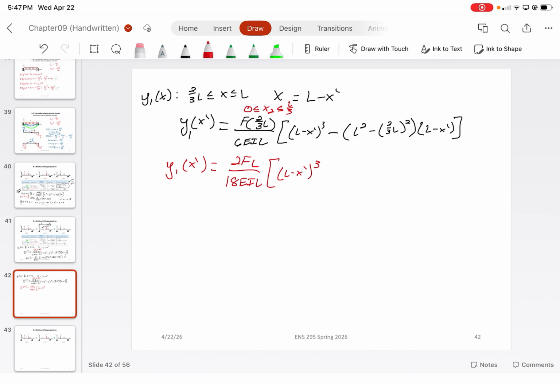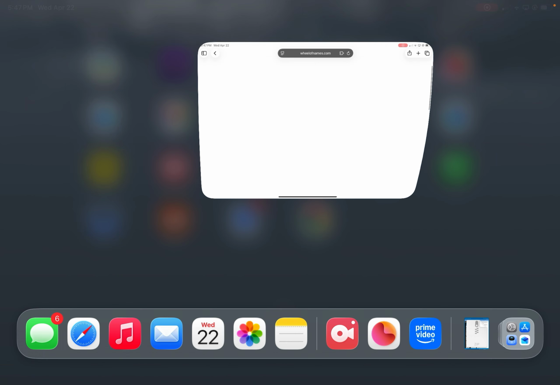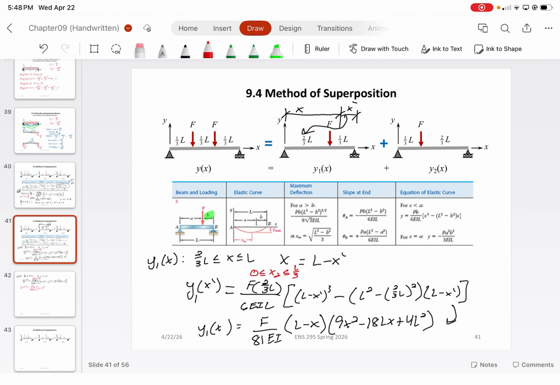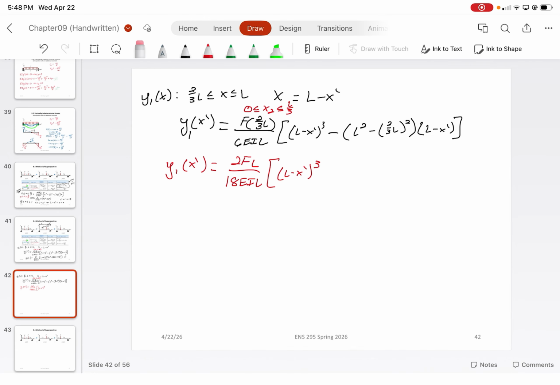What would L minus x prime cubed be? I'm probably going to regret doing this.